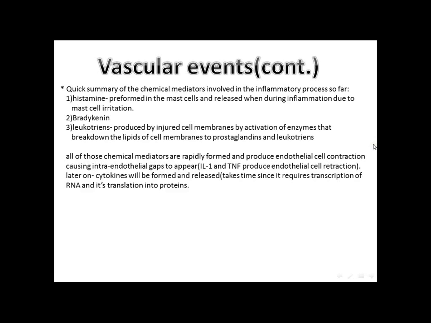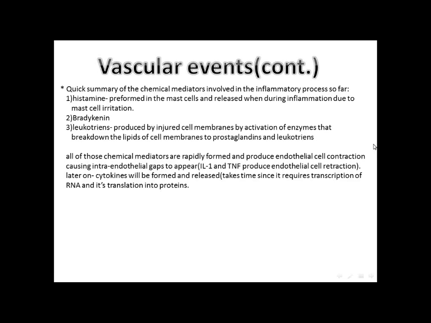We have histamine, which is preformed in the mast cells and released during inflammation because of mast cell irritation. We have bradykinin and leukotrienes, which are produced by injured cell membranes and activation of certain enzymes that break down the lipids of the cell membrane to prostaglandin and leukotrienes.